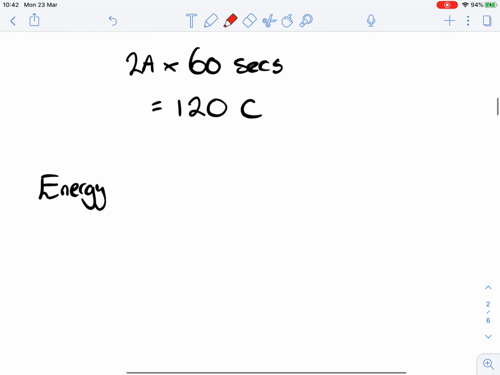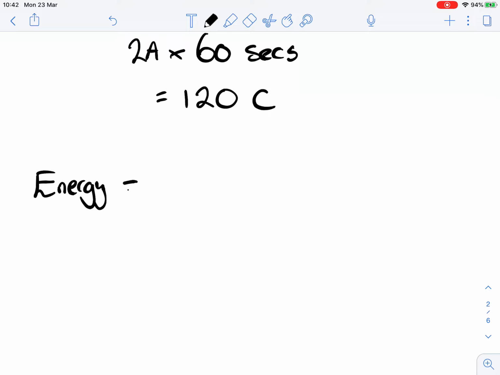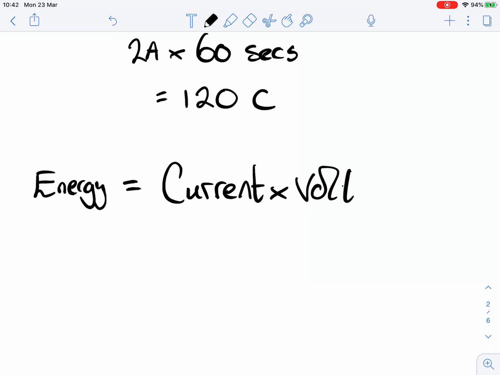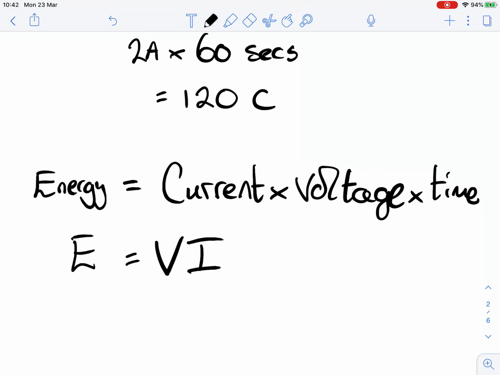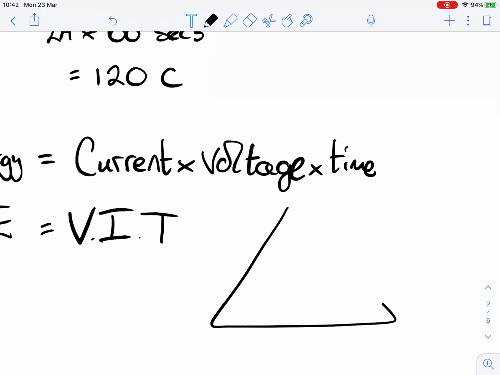And so what we end up with is energy is equal to current times voltage times time. And we end up with E is equal to, and it looks better to write it this way, VIT. And again, pops itself into a triangle. Energy is equal to VIT.